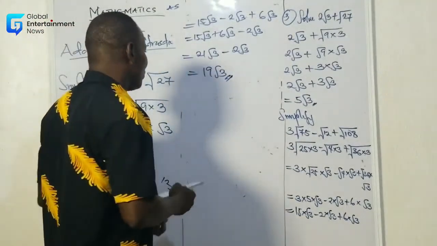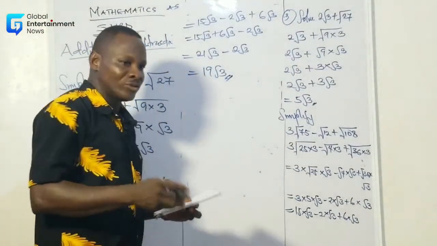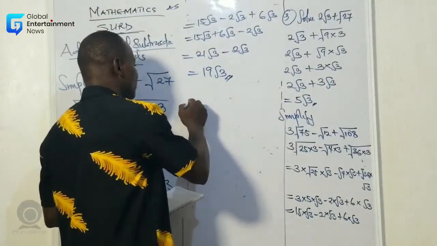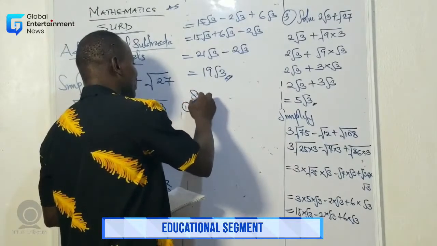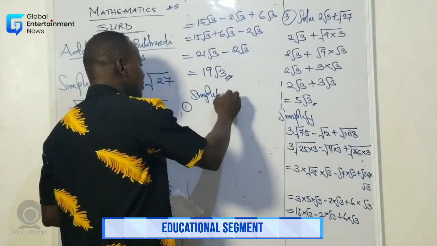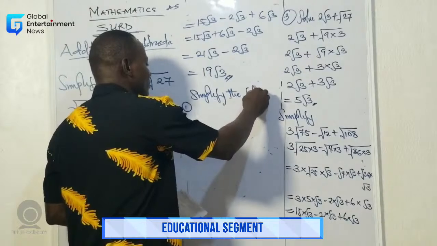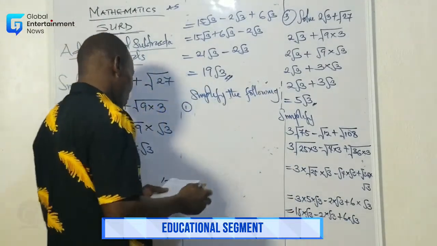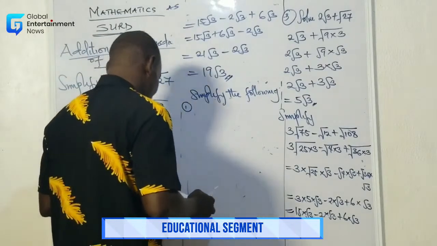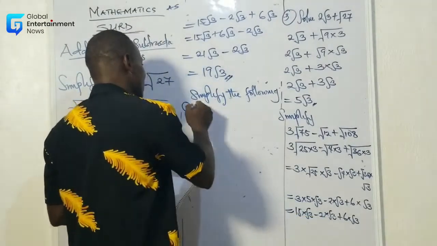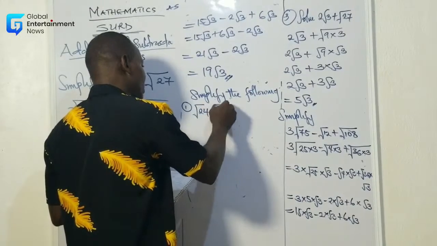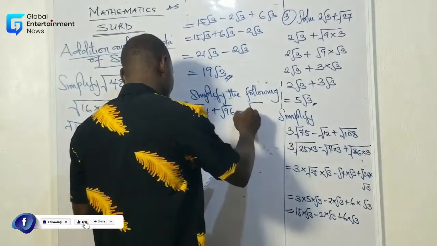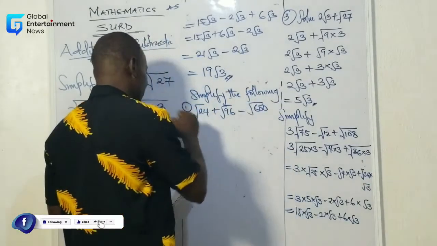Now, let me give you 2 questions. Solve it and drop your answers in the comment section. Number 1, simplify the following: root 24 plus root 96 minus root 600.